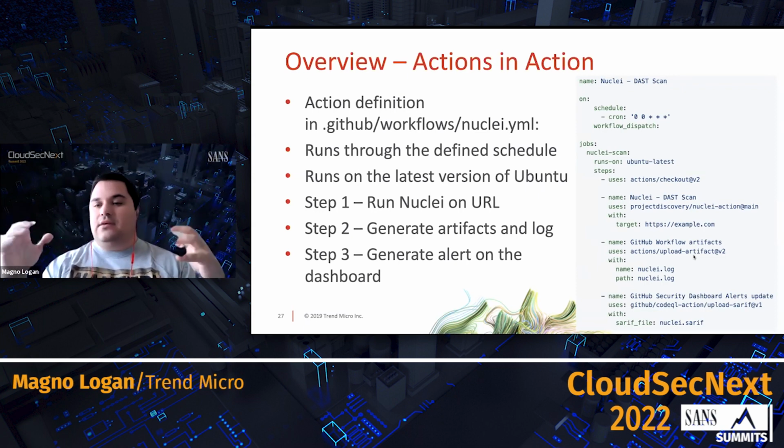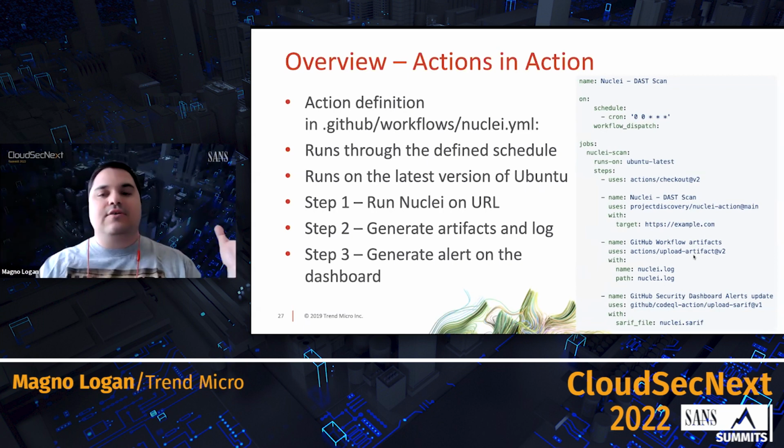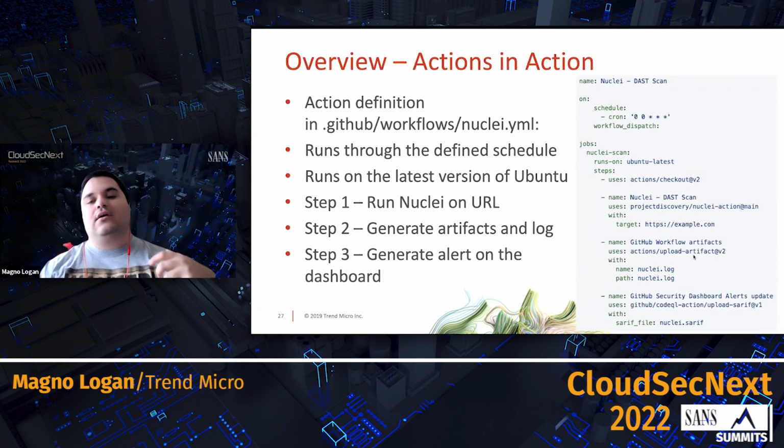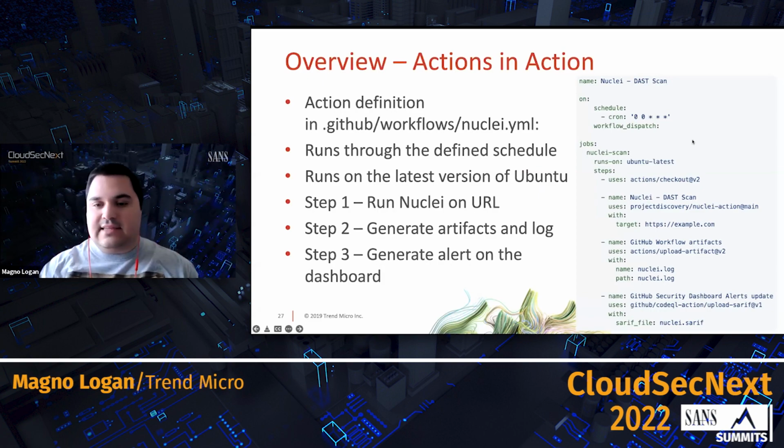So this basically summarizes what a GitHub Actions YAML file looks like. Of course, there are many different things that you can do with this automation, but it's out of scope for us today. This is just to give you an overview of what a GitHub Action looks like so that we can go into the attack phase.